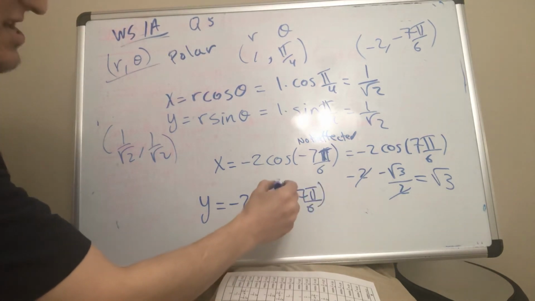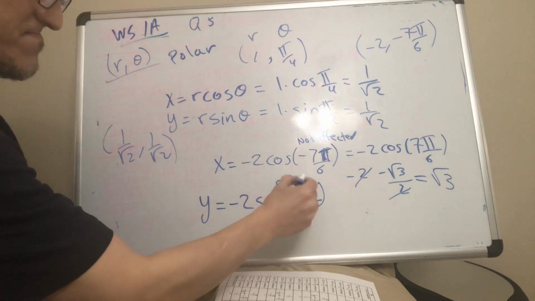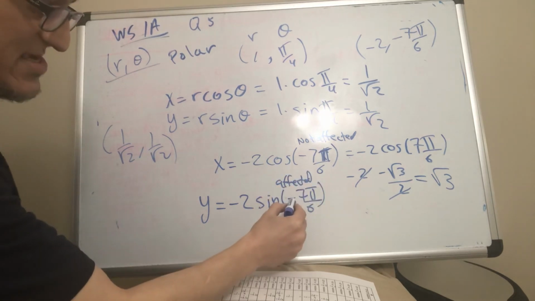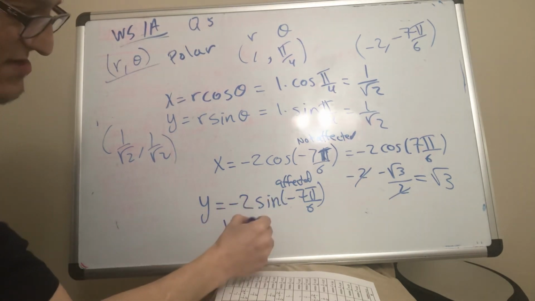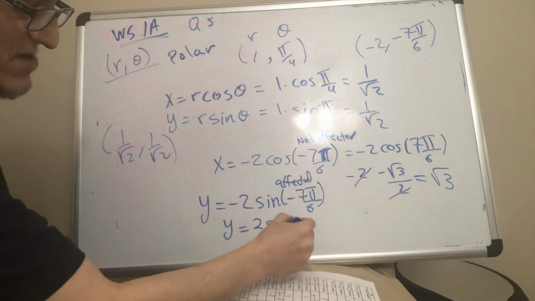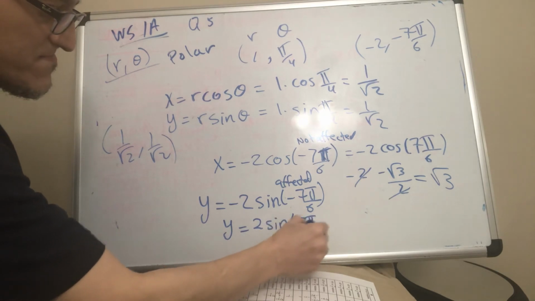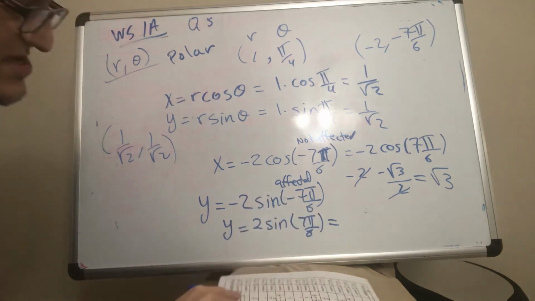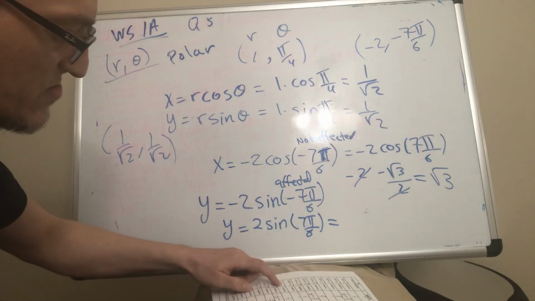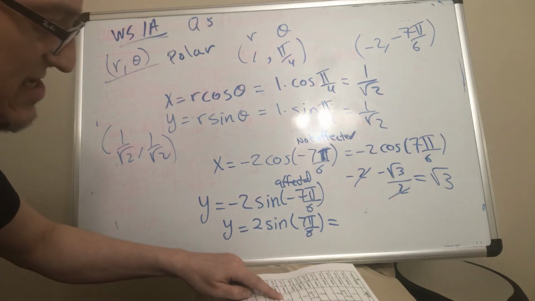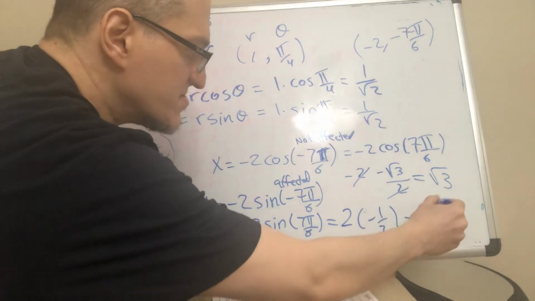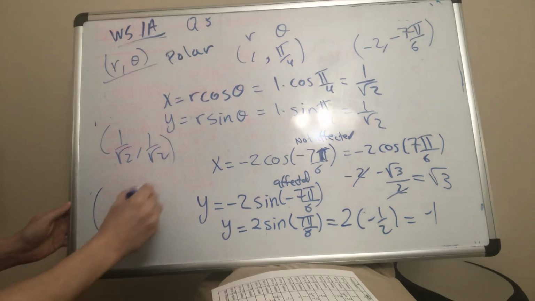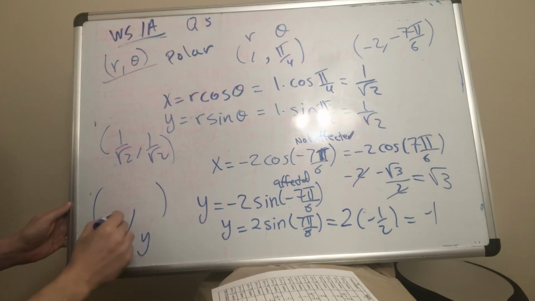Now, sine is affected. So this negative will go out and will hit the other negative, makes it positive. And from here, 7 pi over 6, sine is negative half, so this is 2 times negative half, negative 1. So this point is x, y, root 3, negative 1.